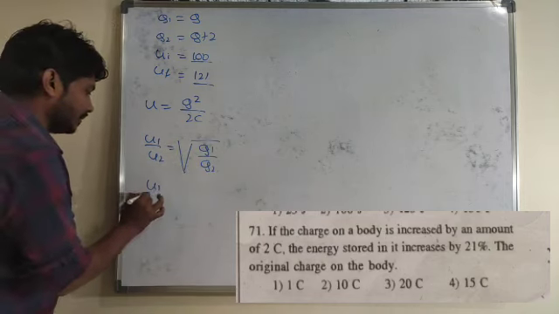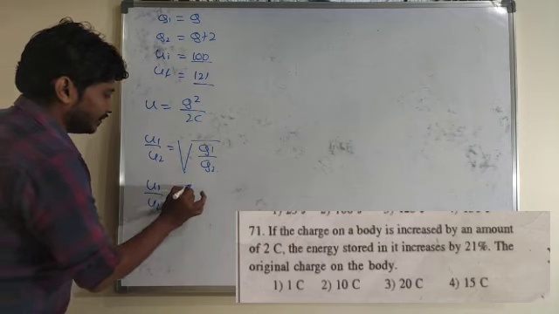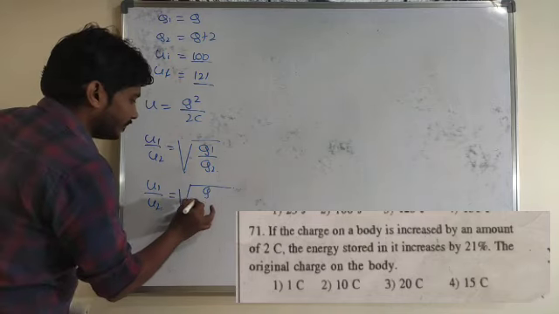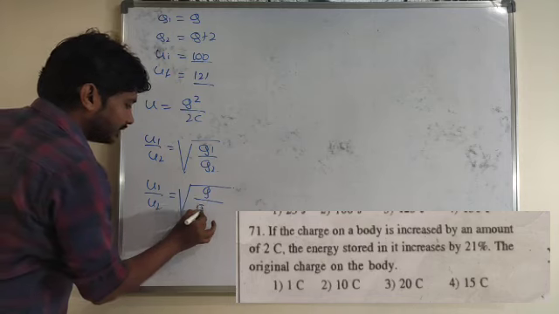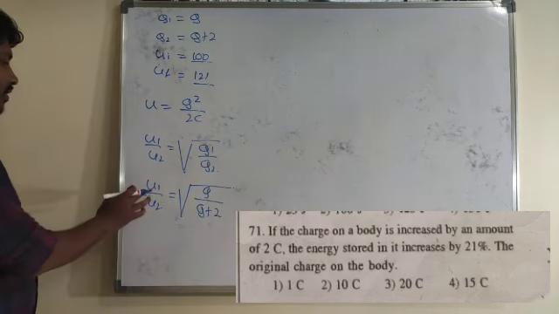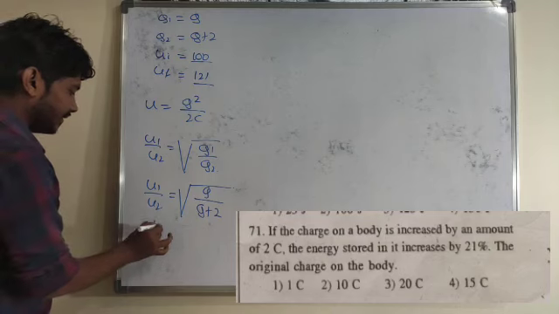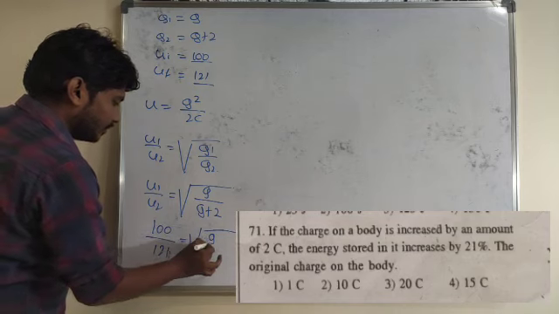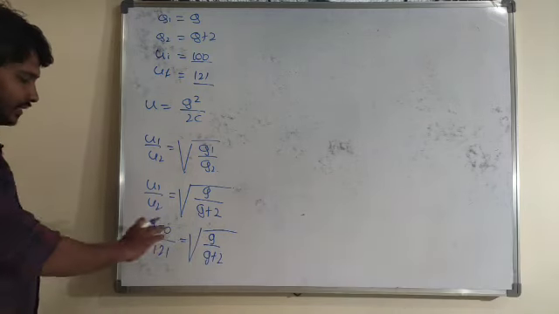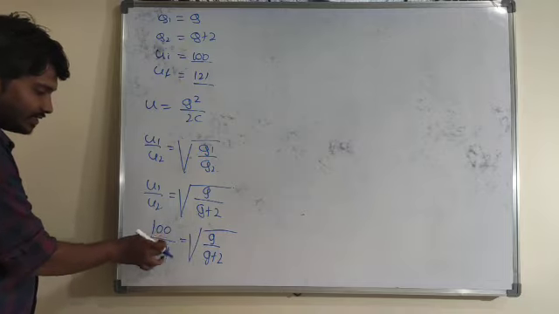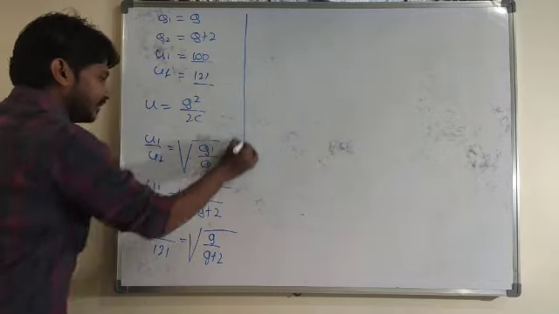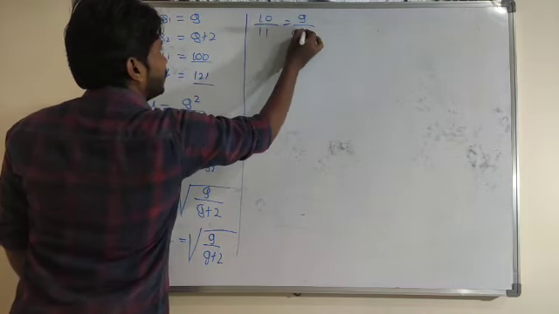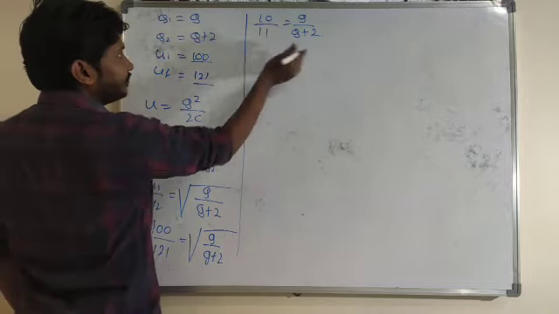So look here, u1 by u2 is equal to the square of q1 by q2. Initial charge is q, and the final charge is q plus 2. u1 is 100 and u2 is 121, so under root, q divided by q plus 2. Taking the square root, 100 gives 10 and 121 gives 11, so 10 by 11 is equal to q divided by q plus 2.